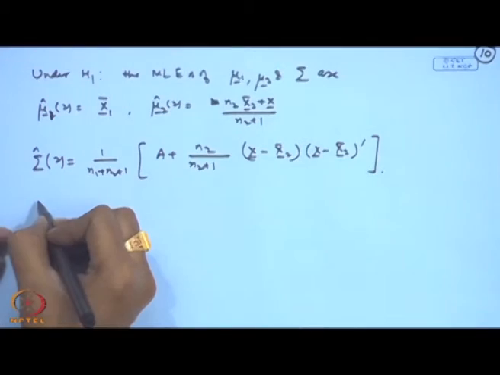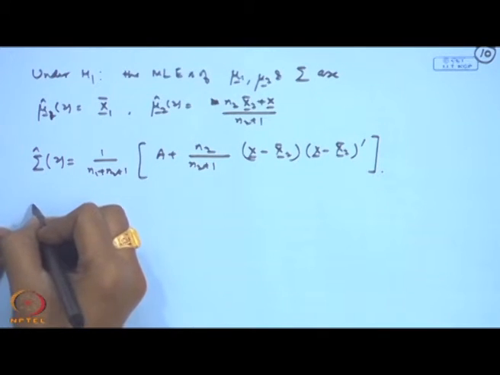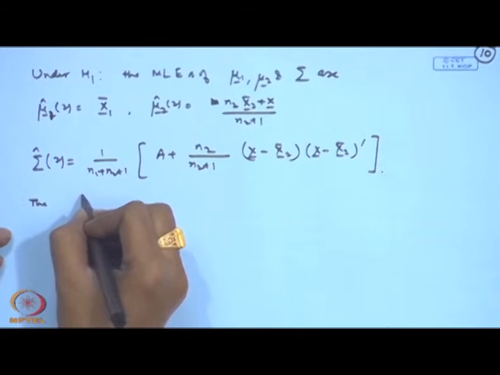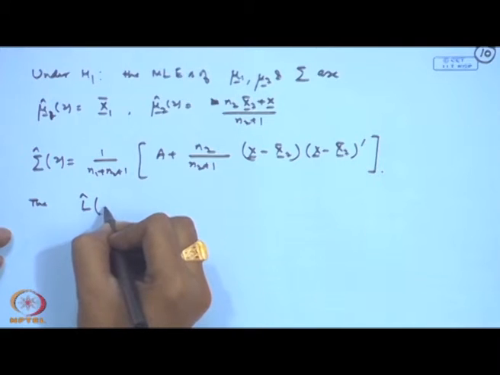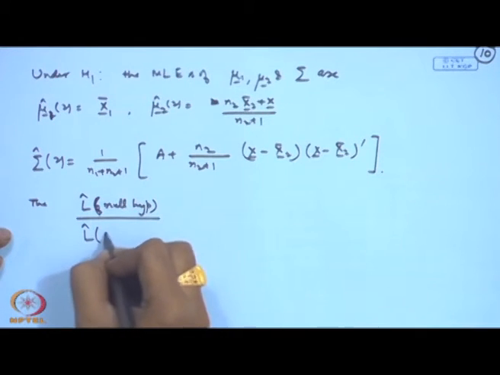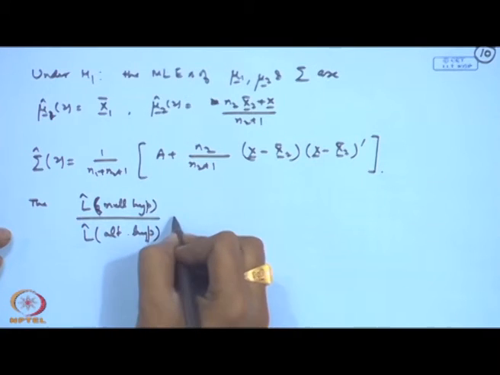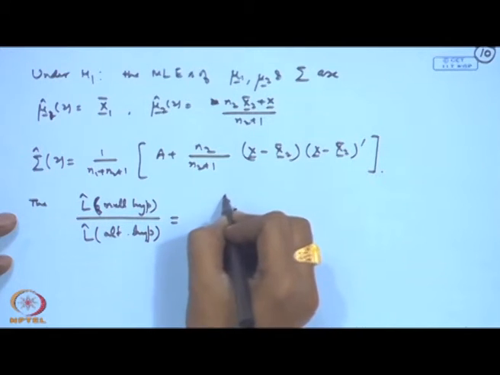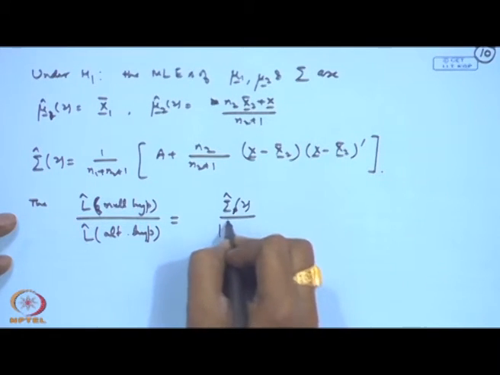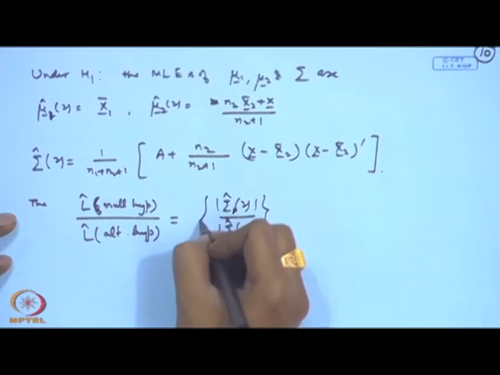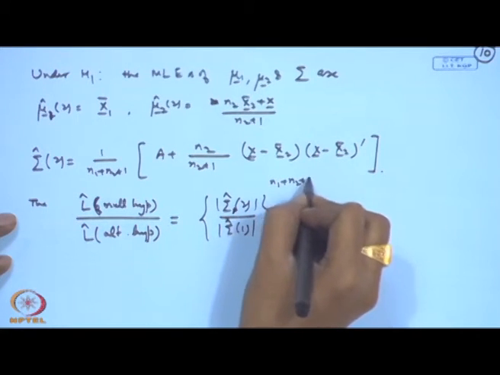So, we consider the likelihood ratio, let me call it L hat under H naught, under the null hypothesis, divided by L hat under the alternative hypothesis. If we consider this, then this is equal to sigma hat 2 by sigma hat 1 to the power n 1 plus n 2 plus 1 by 2.